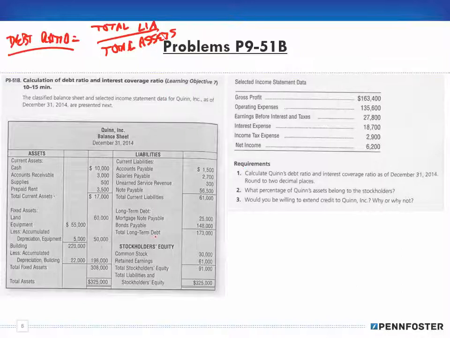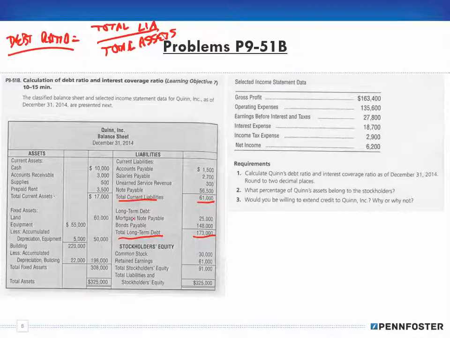All right, so let's see here. We have to look at our balance sheet, and based upon this balance sheet, we have total current liabilities of $61,000. And we have total long-term debt of $173,000.